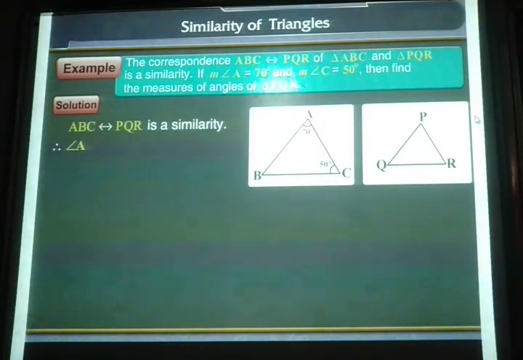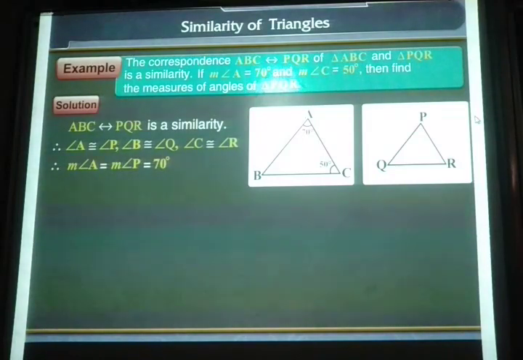Therefore, angle A is congruent to angle P, angle B is congruent to angle Q, angle C is congruent to angle R. Therefore, measure angle A is equal to measure angle P is equal to 70 degrees. Measure angle C is equal to measure angle R is equal to 50 degrees.